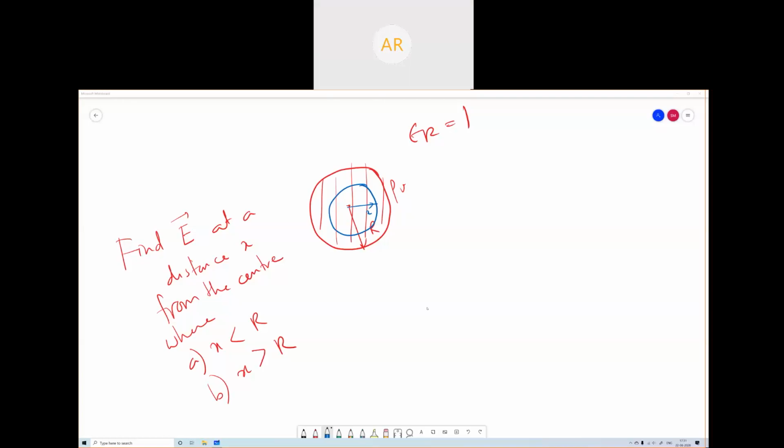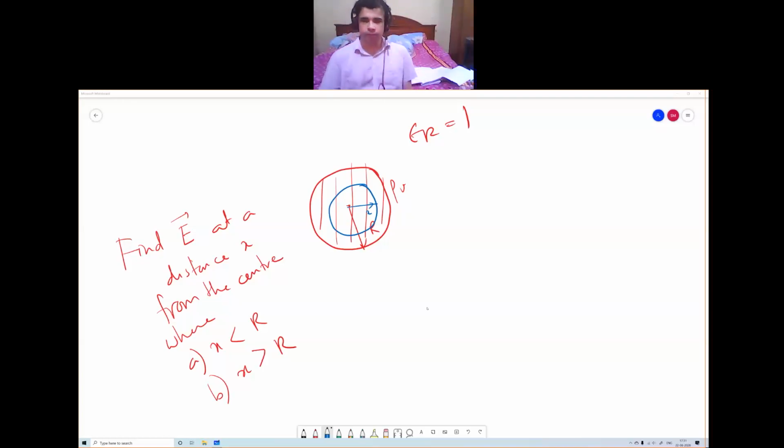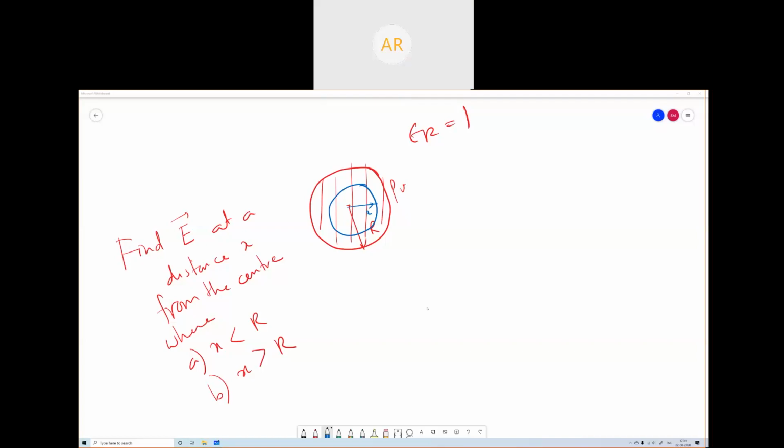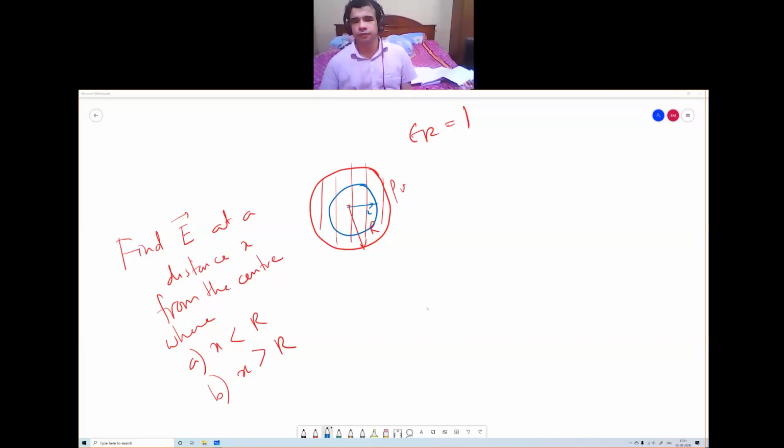So what is the charge enclosed by this blue sphere? Charge per unit volume is rho v. So what is the charge enclosed by the blue sphere?